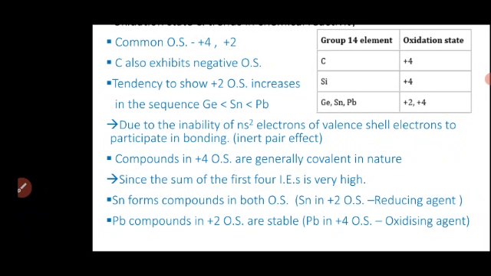Out of that, +2 oxidation state is very much stable, and +4 acts as an oxidizing agent. What is meant by a reducing agent and oxidizing agent? This we have already learned in the topic redox reactions. So we can find different types of nature and a variety of oxidation states in these p block elements.